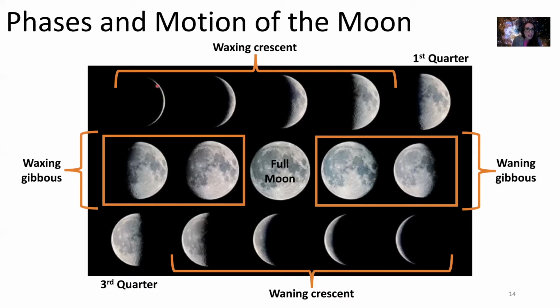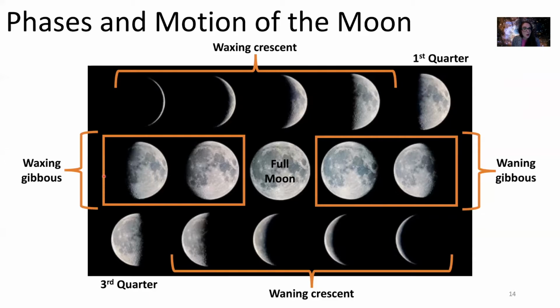So here we've got just a thin little sliver of the part of the moon being illuminated, and we call that the crescent phase. And as we're in our waxing phase, it's the right side of the moon that's lit up and the left side of the moon that's dark. Here we reach the first quarter phase where half of the right side of the moon is lit up and the other half is dark.